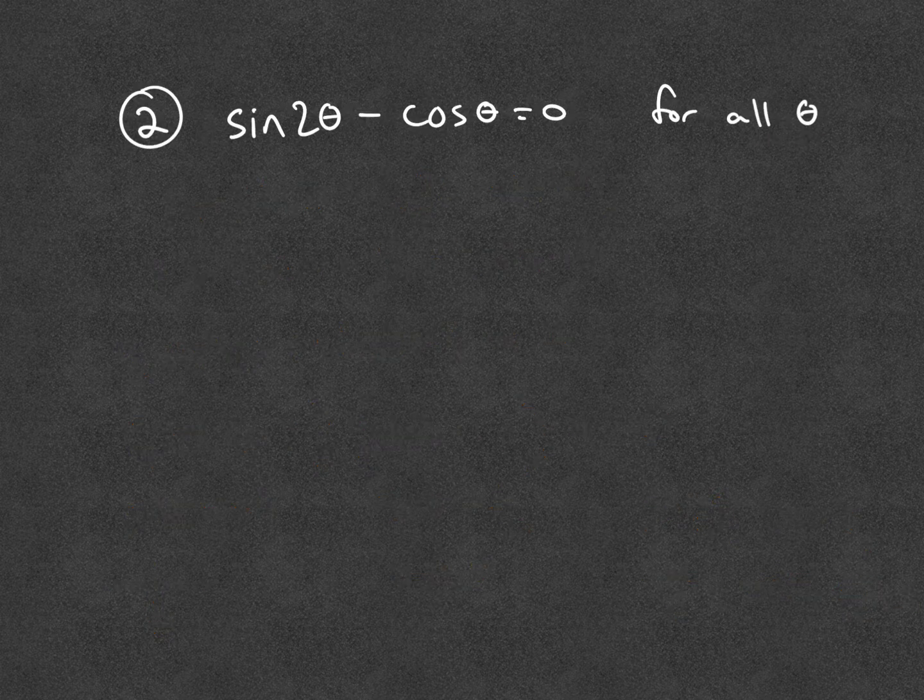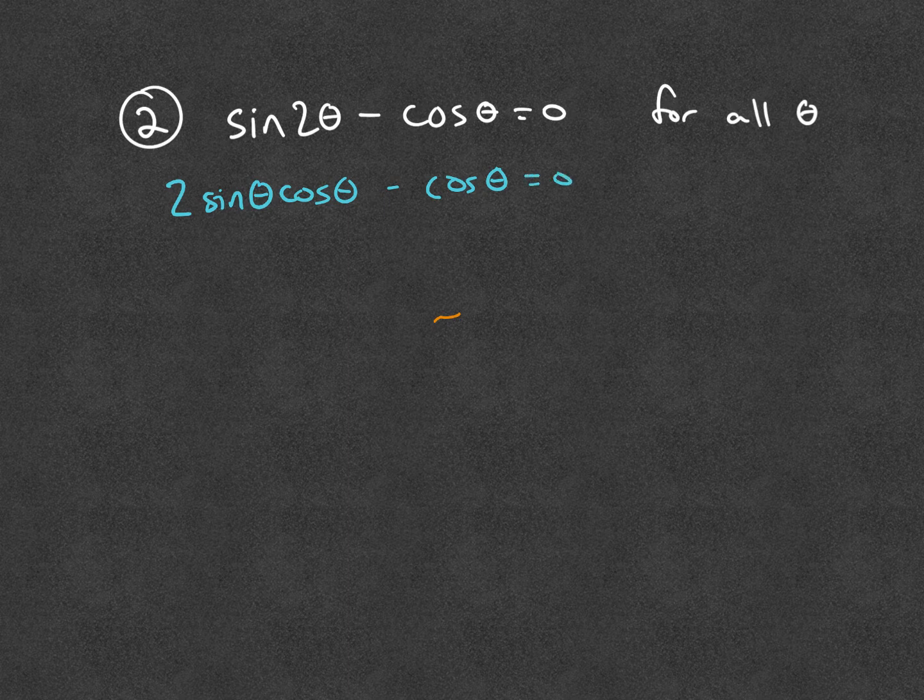Okay, for number 2, we've got a similar situation. I can't isolate. Here I've got sine 2 theta minus cosine theta equals 0. I look at sine 2 theta and I'm thinking, maybe I can use a double angle formula. It's the formula that's 2 sine theta cosine theta minus cosine theta equals 0.